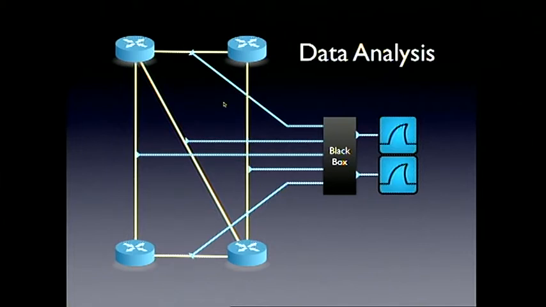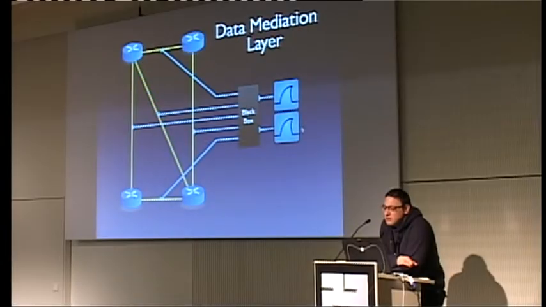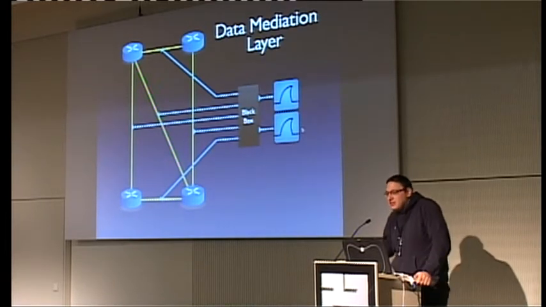For example, all HTTP traffic should go to the machine at the top and every other traffic should go to the machine at the bottom. This will be named the data mediation layer. It's quite a new approach to capture the traffic, I would say.